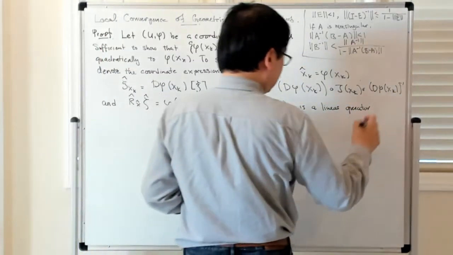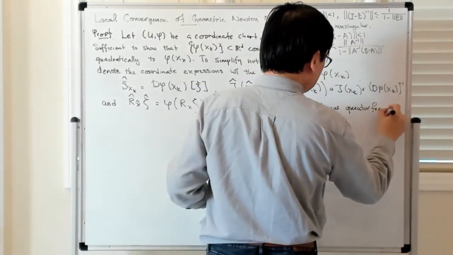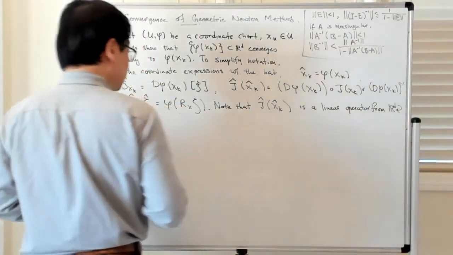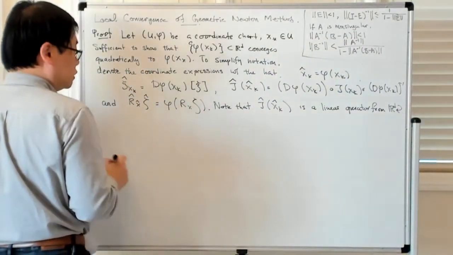Okay, from Rd to Rd. So that's a D by D matrix.